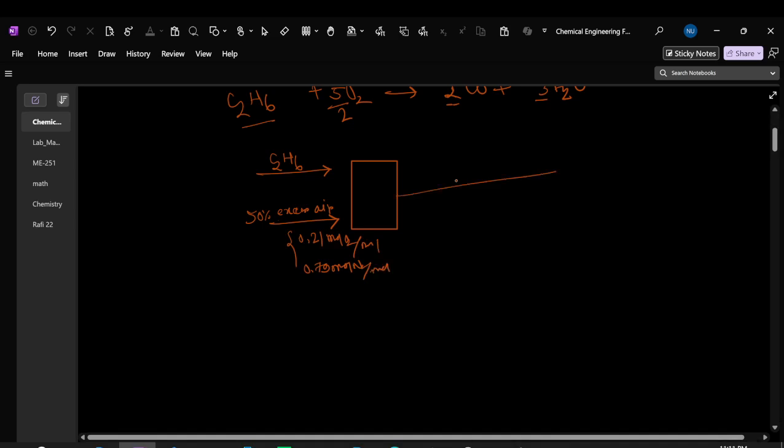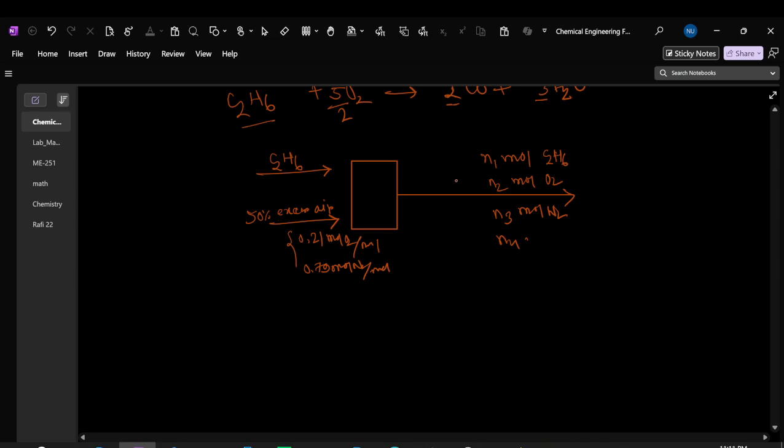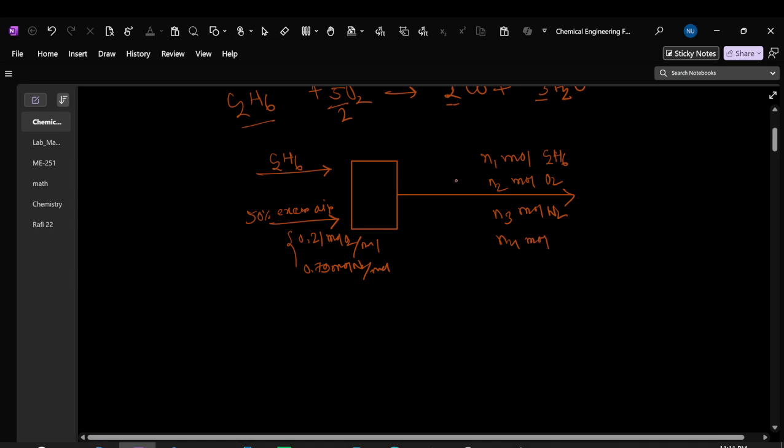So now the product will be N1, the unreacted ethane C2H6, N2 mole oxygen, N3 mole nitrogen, N4 mole carbon monoxide, N5 mole carbon dioxide, and N6 mole H2O. And this product gas is called stack gas.